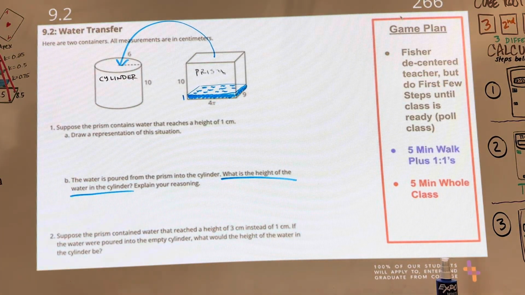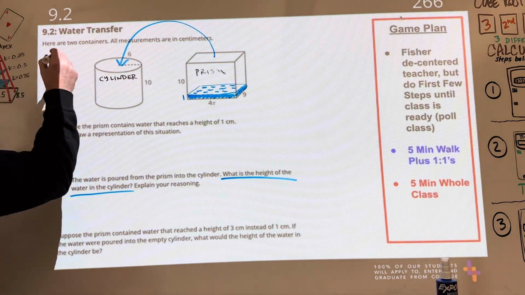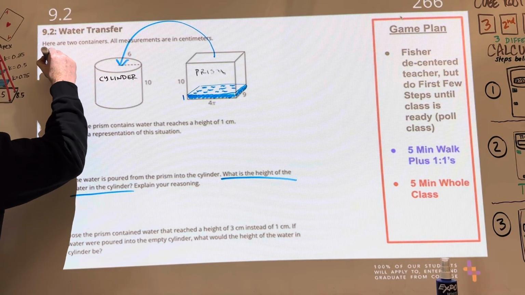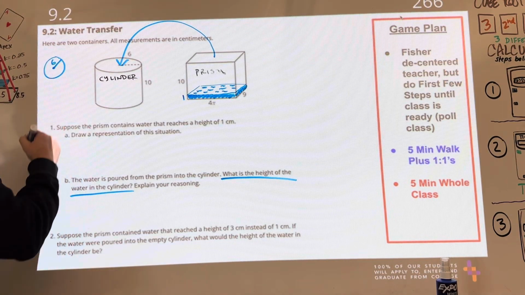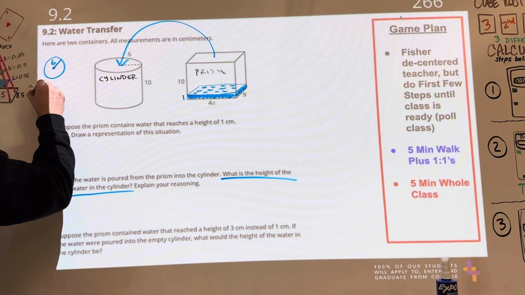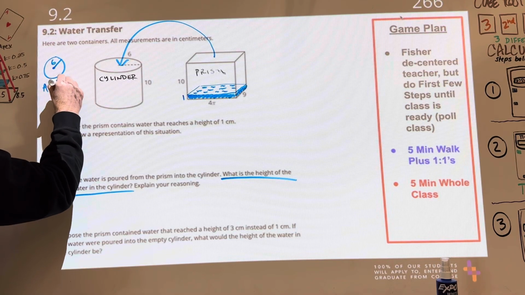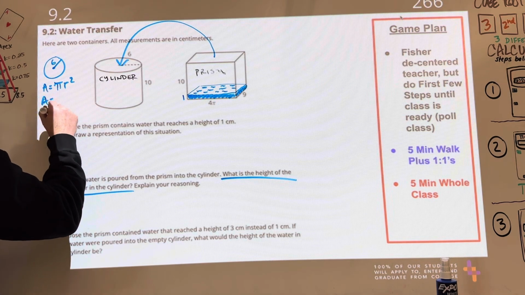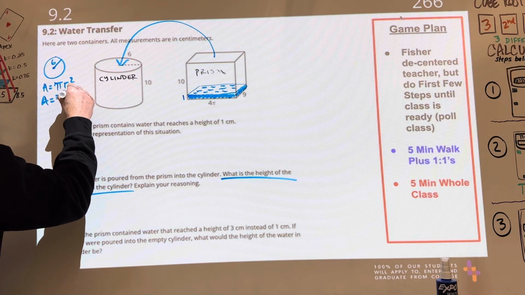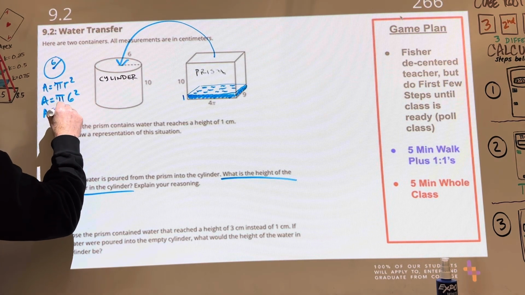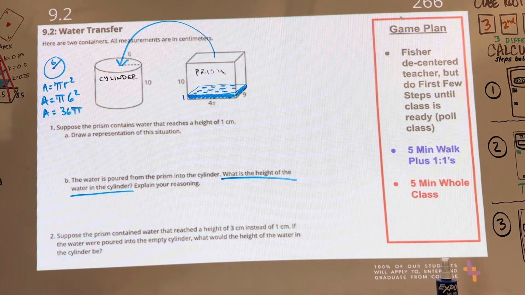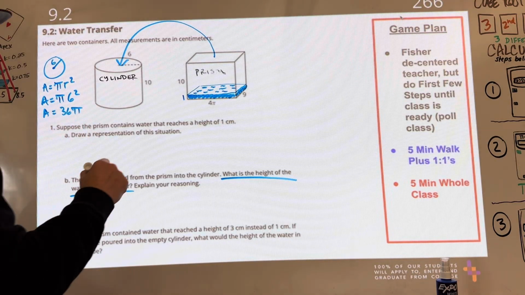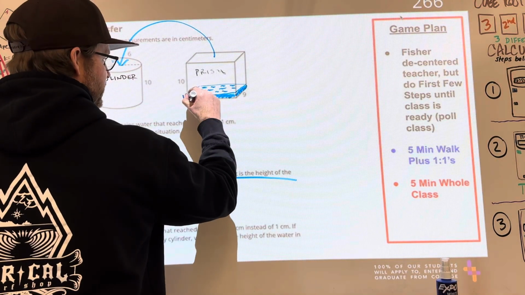Well, let's dissect this circle right here. The area is pi r squared. So the area is pi 6 squared, so the area is 36 pi. Now let's look at this base right here.